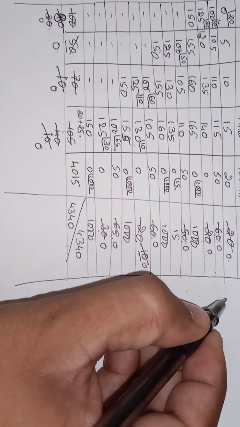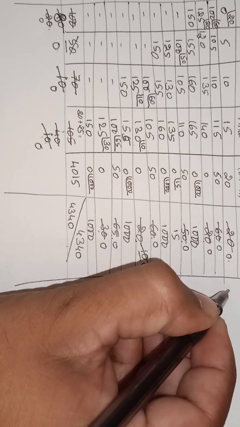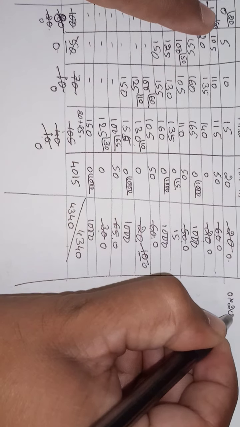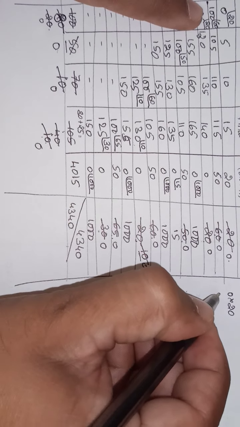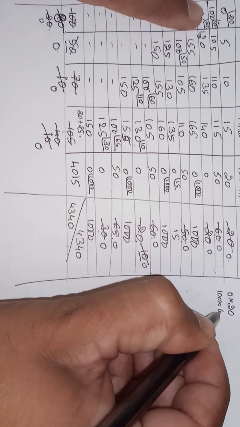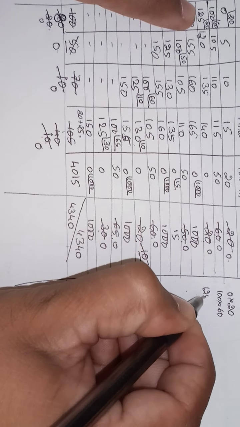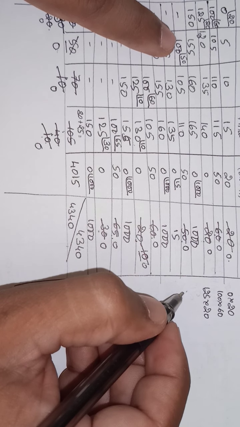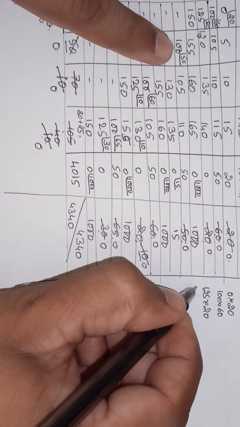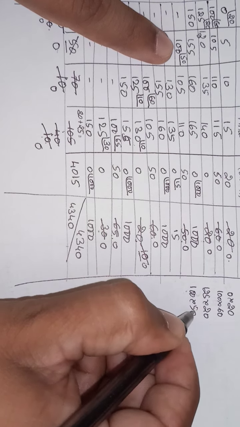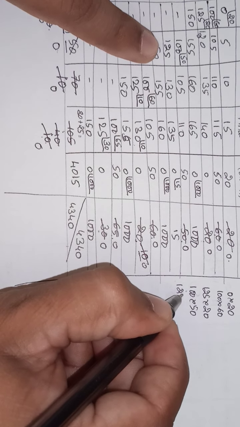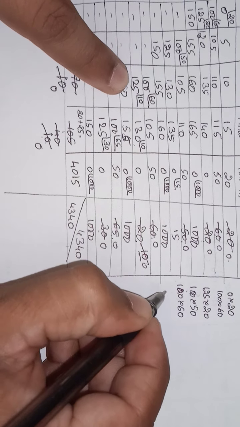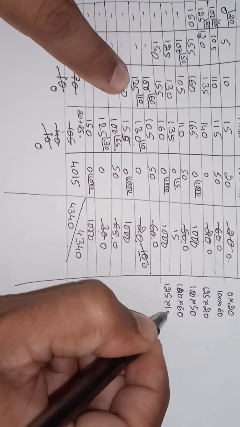So here you see this one first. First one is 0 into 20, right? Second, 100 into 60, 125 into 20. So wherever you have made the allocation, right? So here 100 into 50, right? 125, there is no allocation. So again 100 into 60, 125 into 10, right?